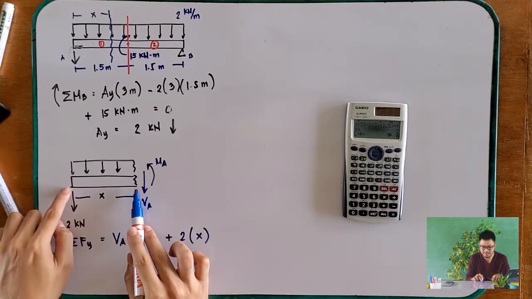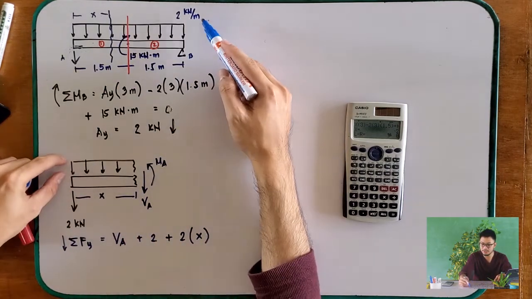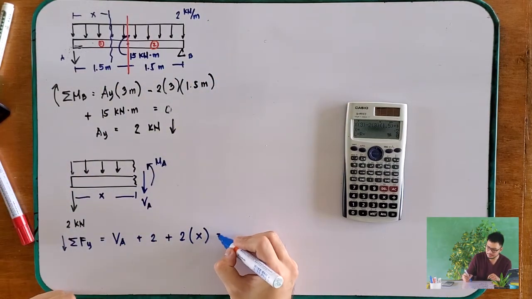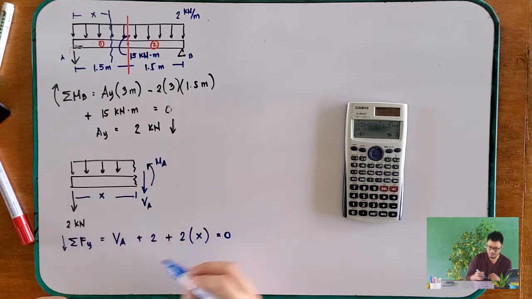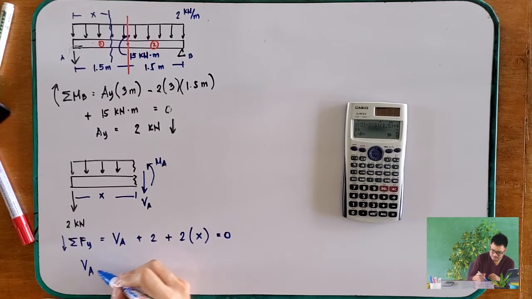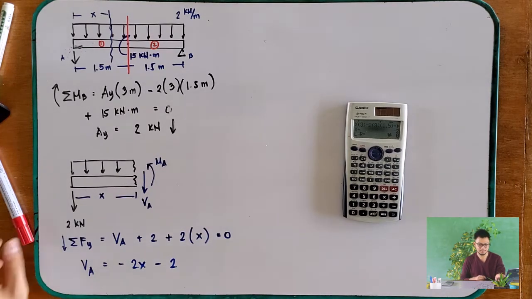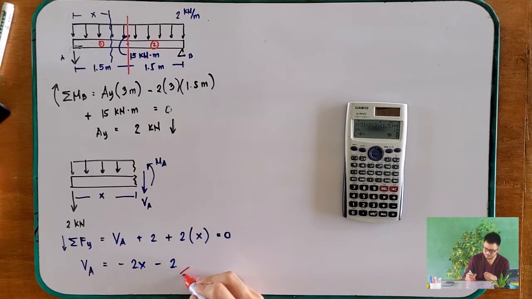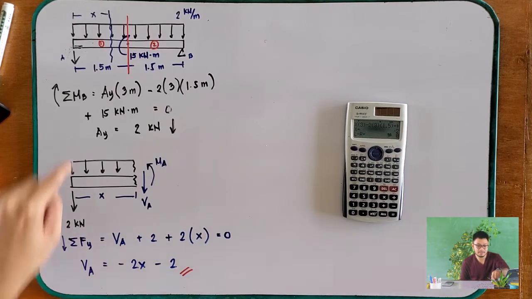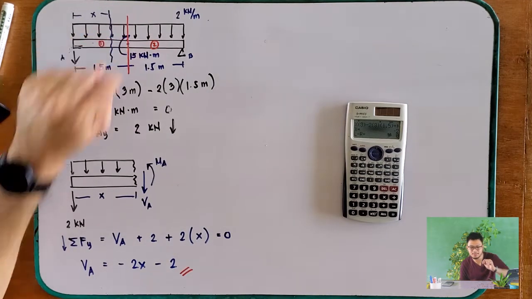So, mao ni ang length and then mao ni ang height which is 2 kilonewtons per meter. That is equal to 0. So, therefore, your VA is just equal to negative 2x minus 2. Okay? So, this is your first equation from your segment A to this point. Your first segment. Okay? Sige.